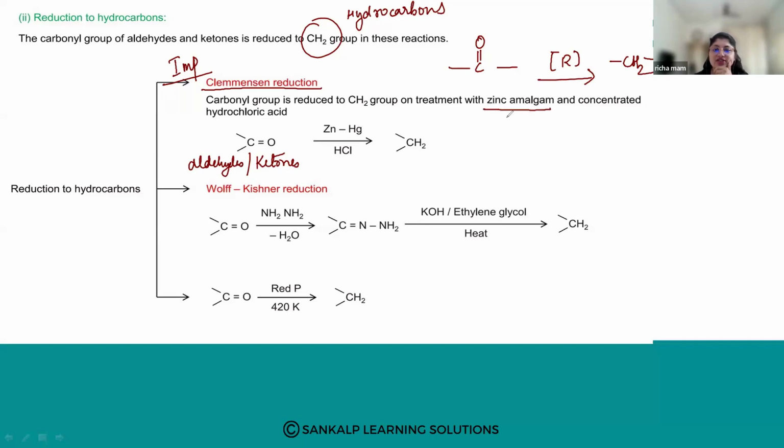What is ZnHg? ZnHg is zinc amalgam, in the presence of concentrated HCl. We are going to get hydrocarbons.